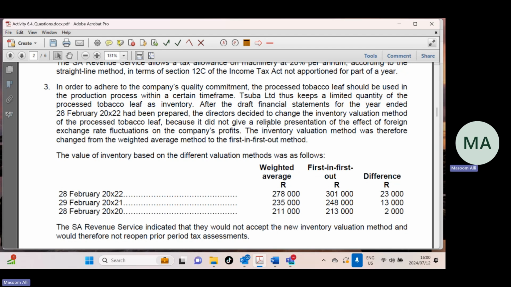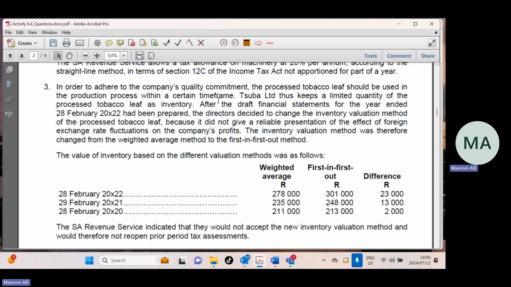Now over here, I think that this pretty much flies in your face, because you can already see that when we have something like this, it's telling us it's a change in accounting policy. Reading point number 3: in order to adhere to the company's quality commitments, the processed tobacco leaf should be used in the production process within a certain time frame.